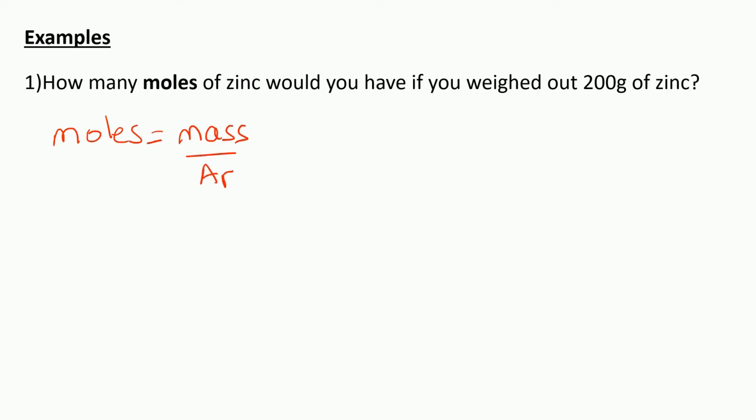So in this example, it's going to be 200 grams divided by 65, which is the mass number, the AR of zinc, and that comes out at 3.08 moles when I've rounded. You could write it as mol as well, but not M because M stands for meters.